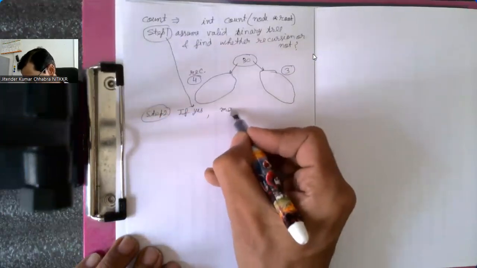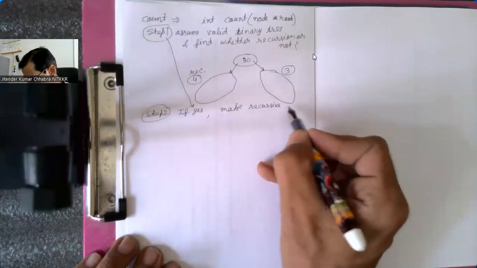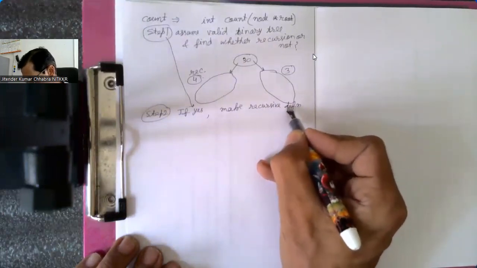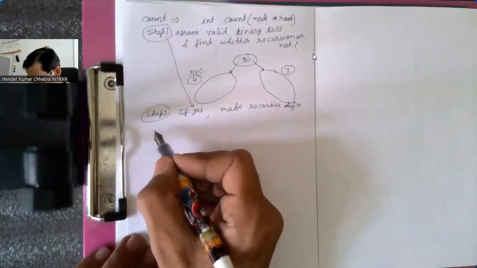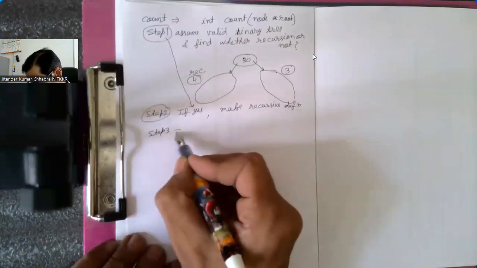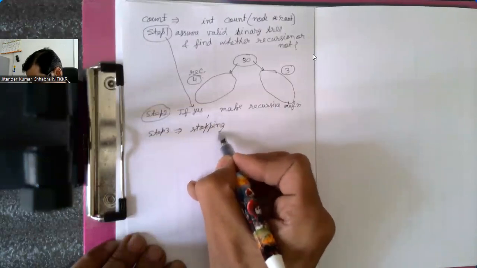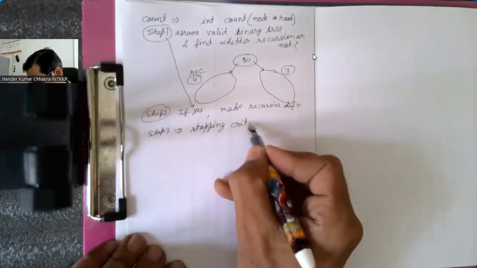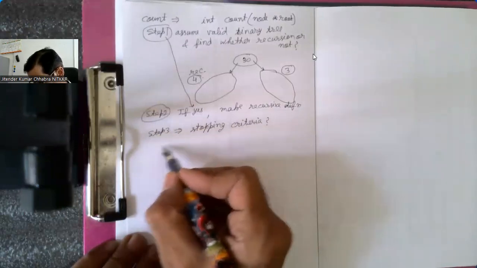Make recursive definition. So you should be able to define count as a recursive definition. Once you are able to do recursive definition finding, then finally step 3 will be simple. What is the stopping criteria or non-recursive step? Find that out, and then coding of that.